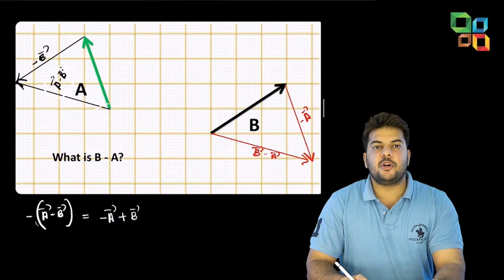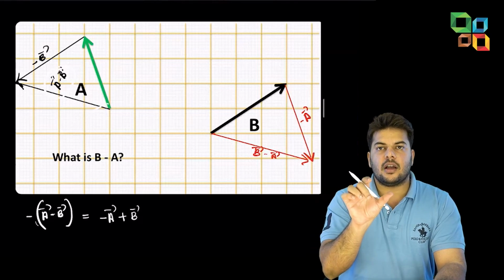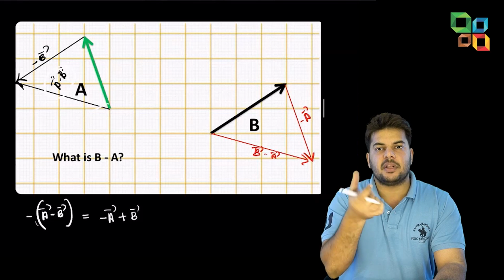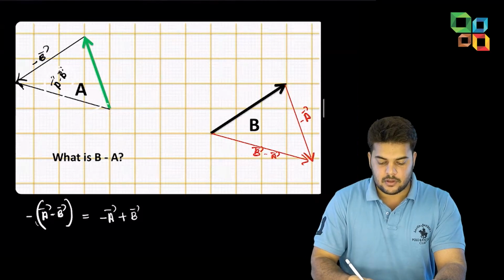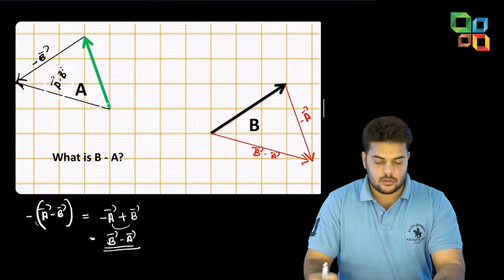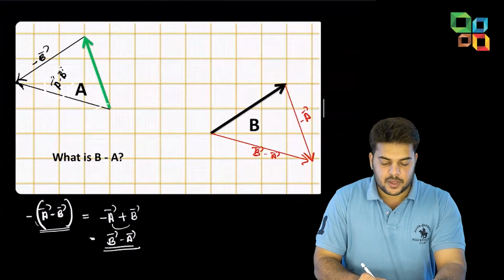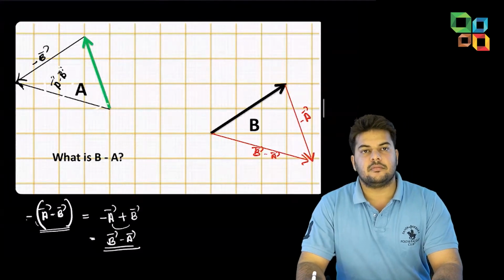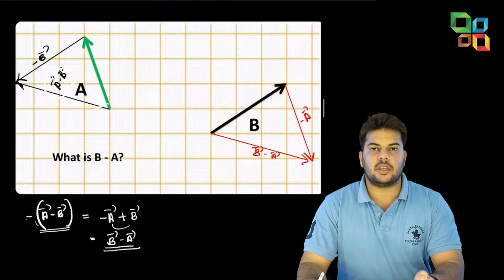Now I know the commutative property is valid, isn't it? In the case of vectors, you can add A plus B and B plus A. They are both the same thing, so I can commute these things. So I'll get B minus A. So what I'm saying is the opposite of A minus B is B minus A. You can see it pictorially also over here.